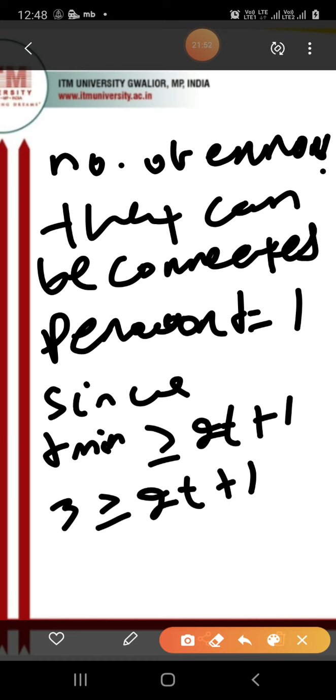So 3 is greater than or equal to 2t plus 1, which means t is less than or equal to 1. Thus the number of errors that can be corrected per word is 1. So it is possible to detect up to 2 errors, and to correct only up to 1 error, with d min as 3. Now we have shown that.